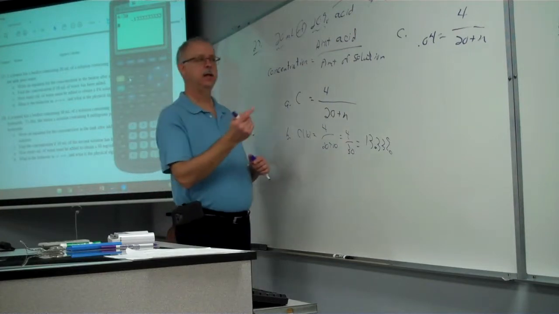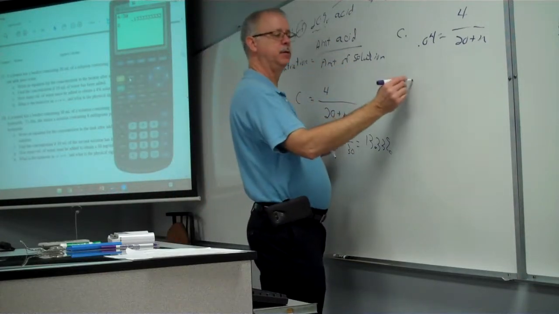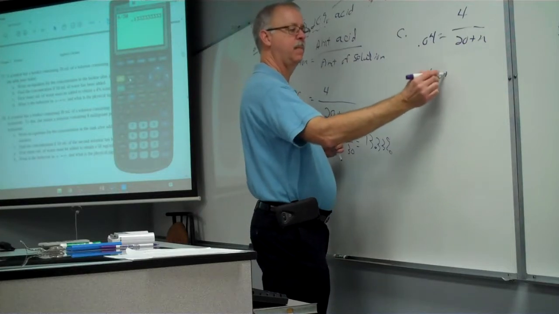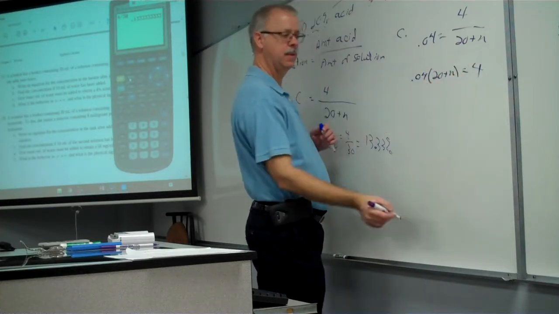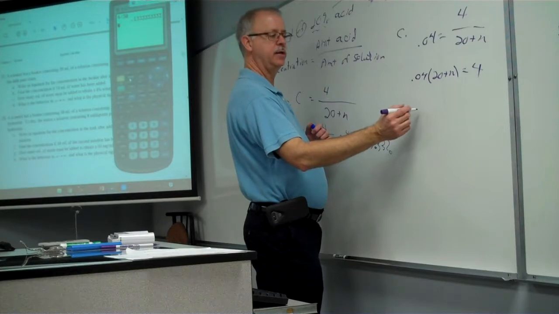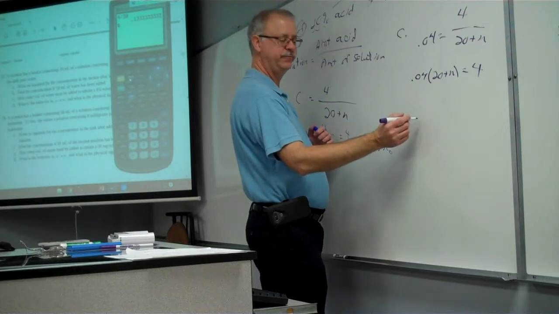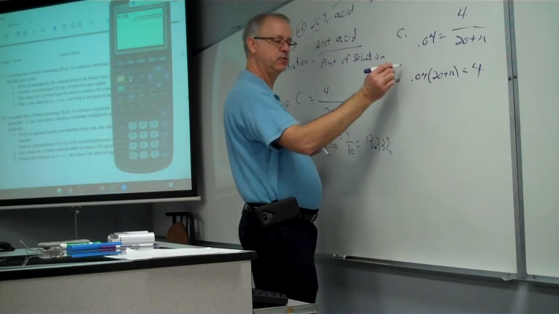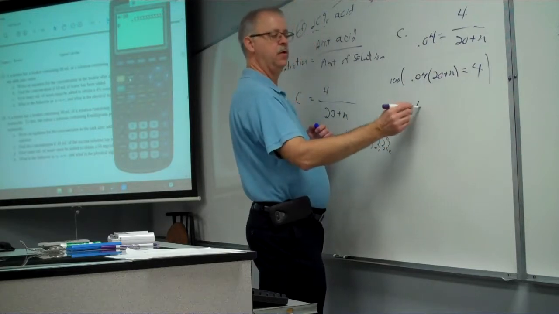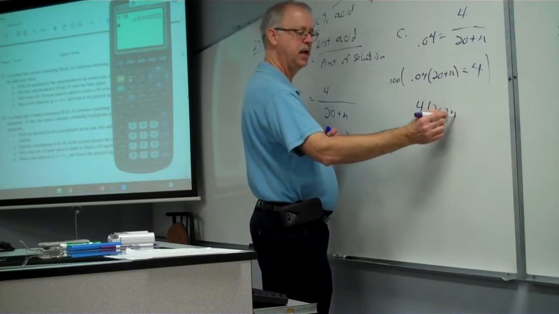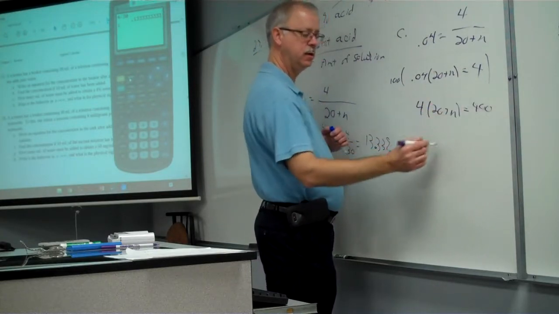So let's see, multiply both sides by the denominator. In fact, if we don't like that decimal, we can multiply through by 100. 4 times 20 plus n equals 400.